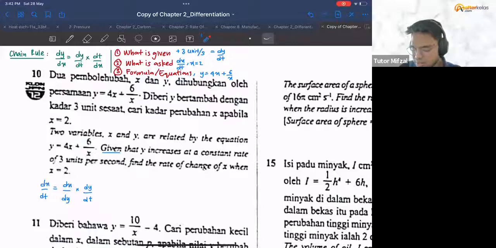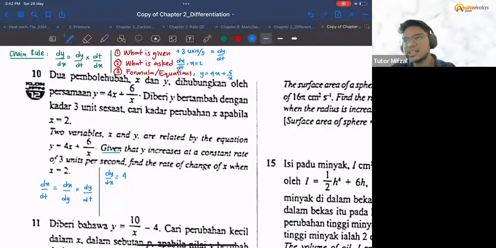We can do that, but first we have to differentiate y equivalent to 4x plus 6 over x. So when I differentiate dy over dx, I should get 4 and then 6 over x becomes 6x to the negative 1. So negative 1 is that you bring the negative down, negative 6, x to the power of negative 1 minus 1, which becomes x to the negative 2.